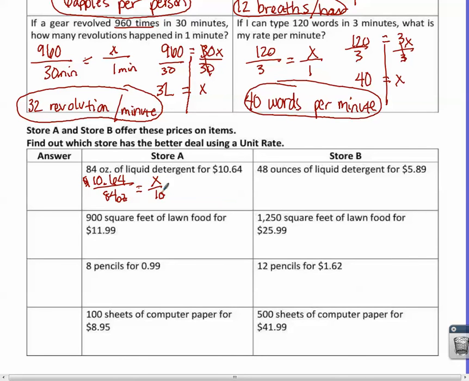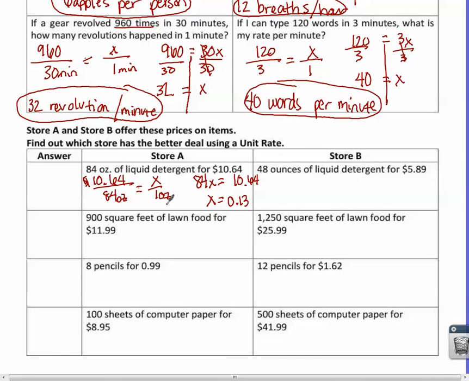And that's where you do your butterfly method. You get 84 times x equals $10.64. When you solve this, you divide each side by 84, and you're going to get x equals 13 hundredths.